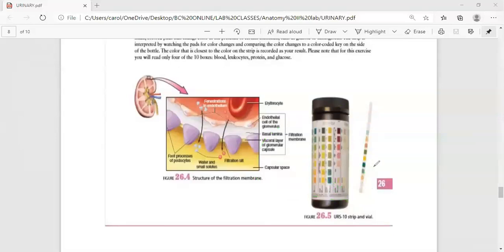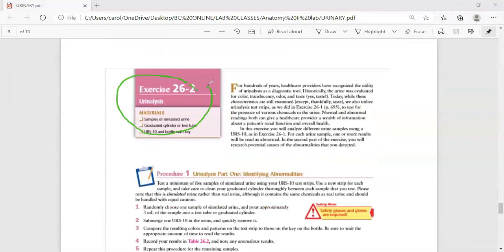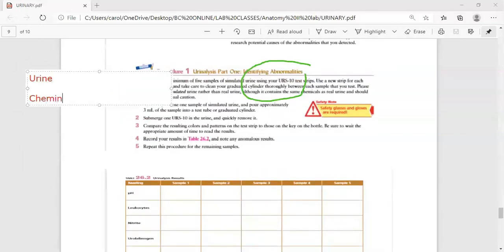For example, if this one goes here, you align it in there, and if it changes to this color, it's going to tell you what you have right there. The urinalysis is done with that particular test strip, where it changes colors in the urine. You're going to have chemical findings and physical findings.